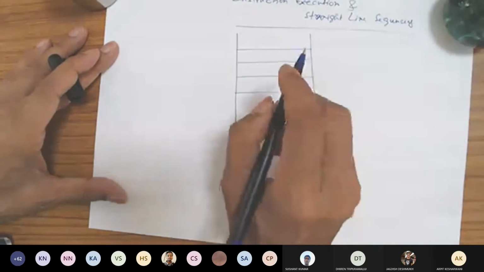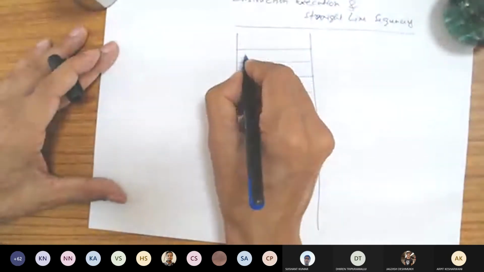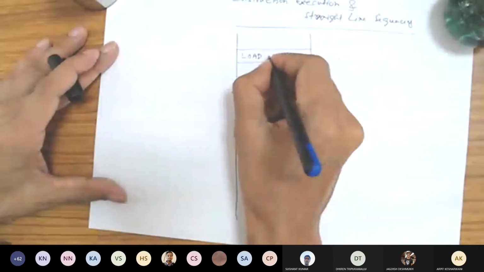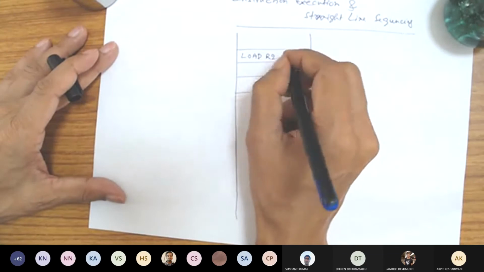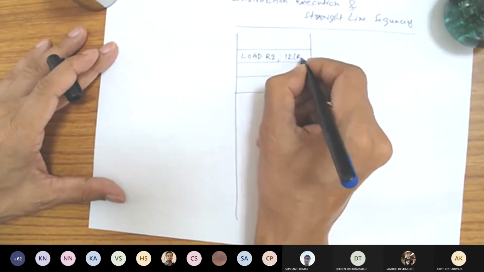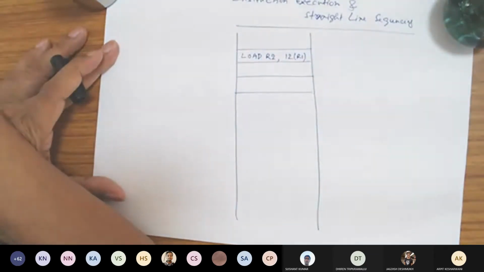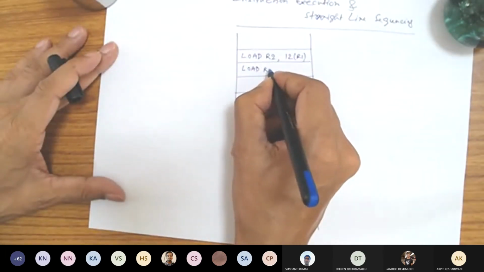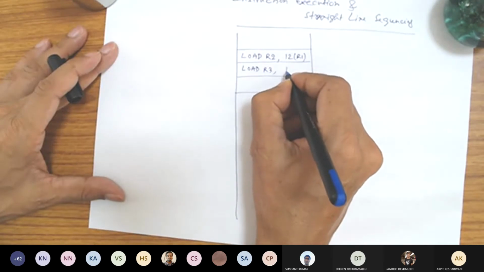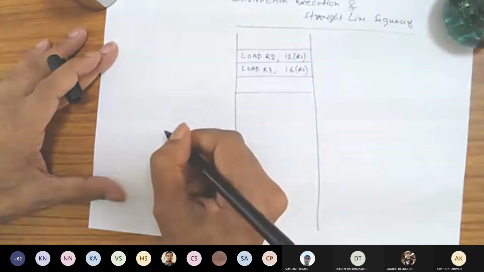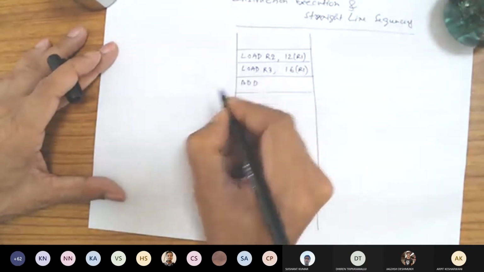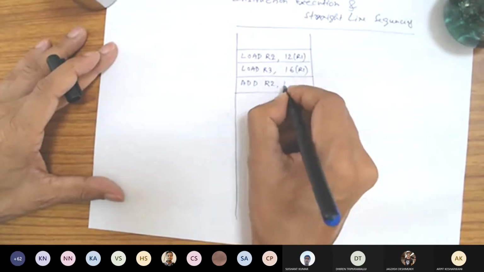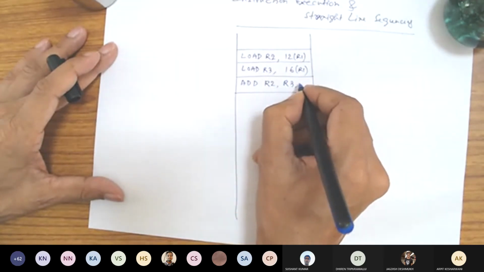Load R2, 12(R1). Then the next one is load R3, 16(R1). Then he does add R2, R3, R2.